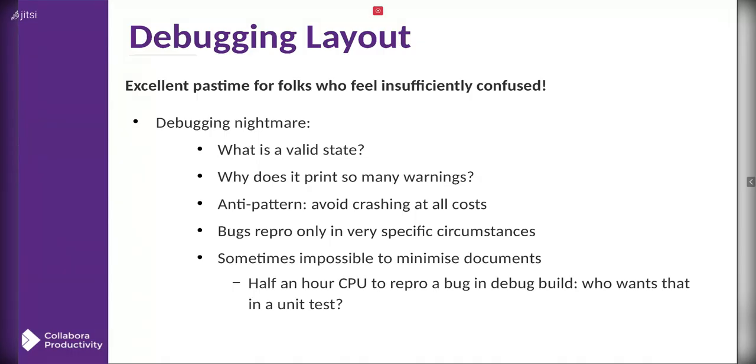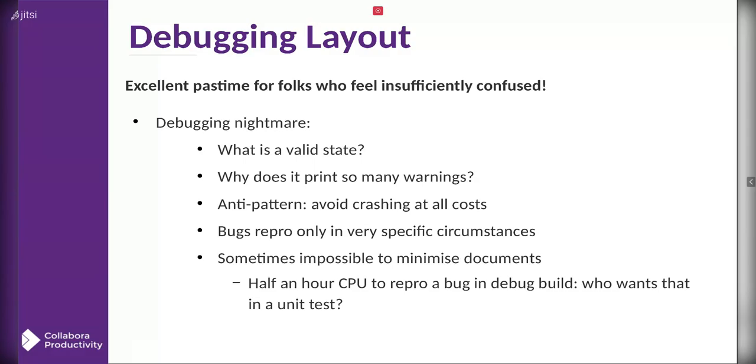You may ask yourself, I've got this layout bug, and there's more than 100,000 lines of very complicated code. How do you go about debugging that? Yeah, that's very difficult, because the first thing that you will find confusing is that the state of this whole layout tree is very, very complicated.